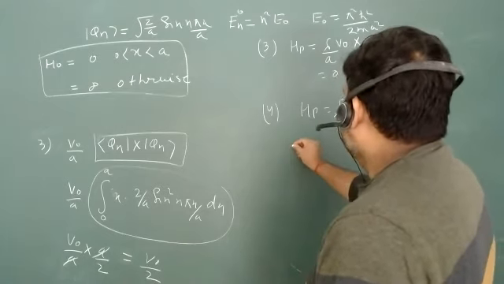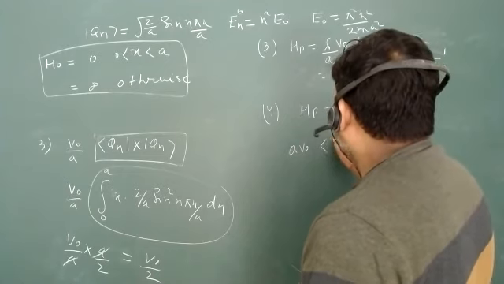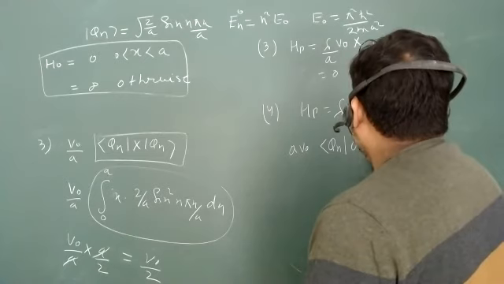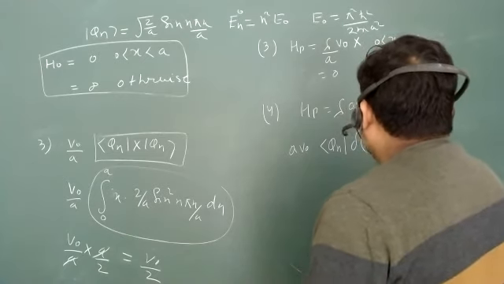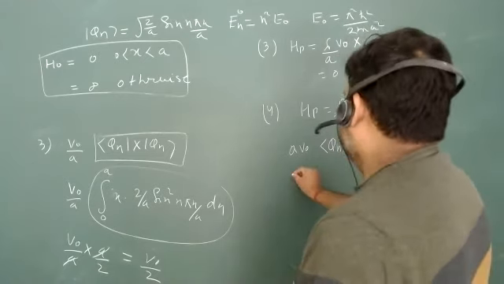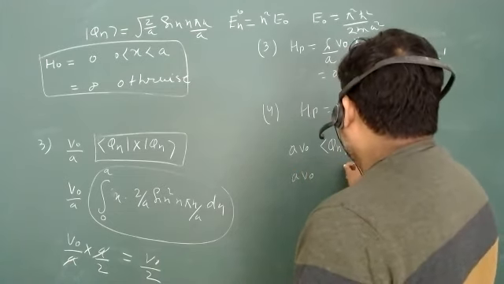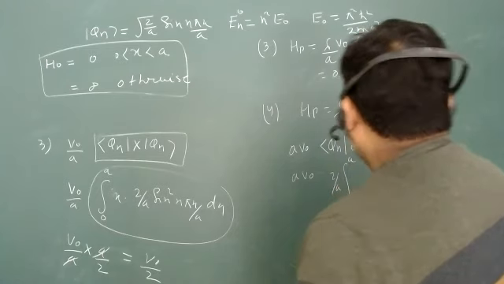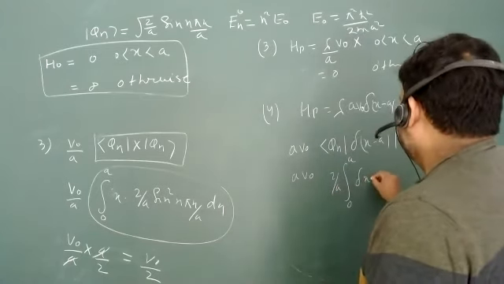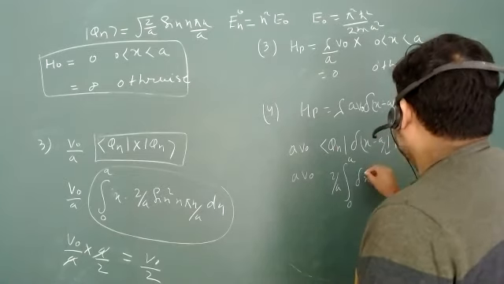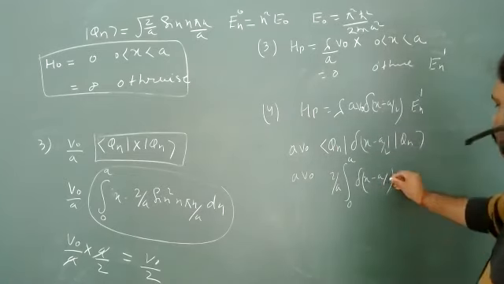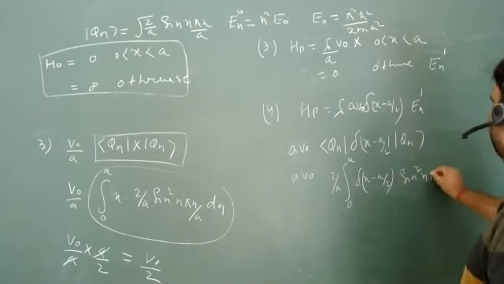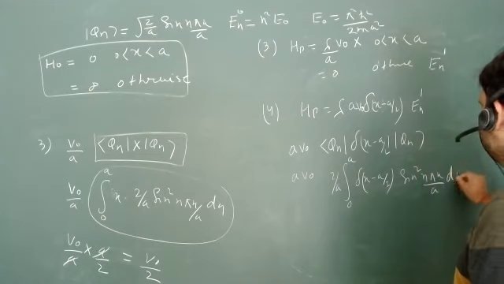Okay. So we have a V naught and we have phi n, delta x minus a by 2, phi n. Obviously we have to go for the integration. A V naught, that value is equal to, you can take 2 by a, 0 to a, and this value is delta x minus a by 2, and here we have sine square n pi x by a dx.